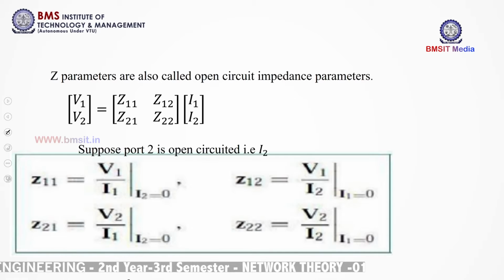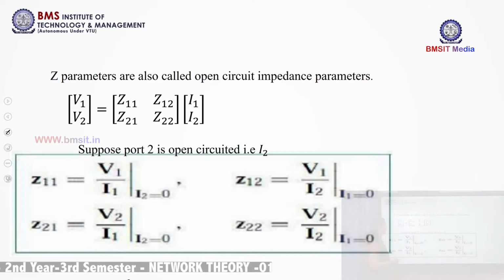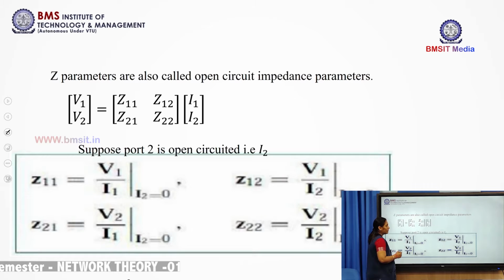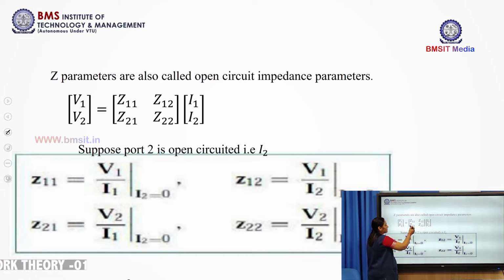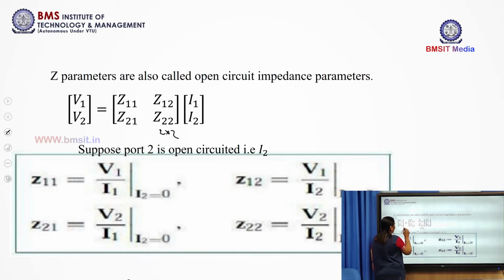This equation can be expressed in matrix form. So V1, V2 will be equal to the matrix Z11, Z12, Z21, Z22 times I1, I2. The Z parameter matrix for the two-port network is 2 cross 2, and the voltage and current vectors are 2 cross 1.